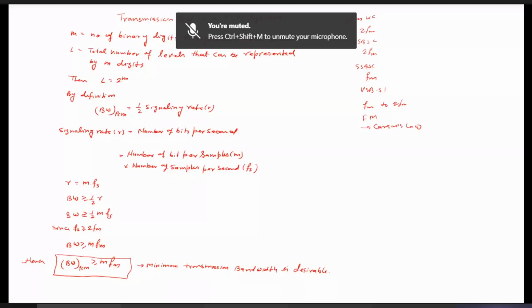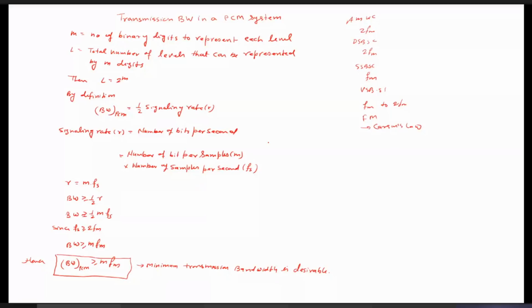The number of bits per second, in fact, we can write as the number of bits per sample, which is nothing but M, multiplied by the number of samples per second. For each sample, the sample is approximated to a quantization level, and each quantization level is represented by a certain number of bits. So M is the number of bits per sample.